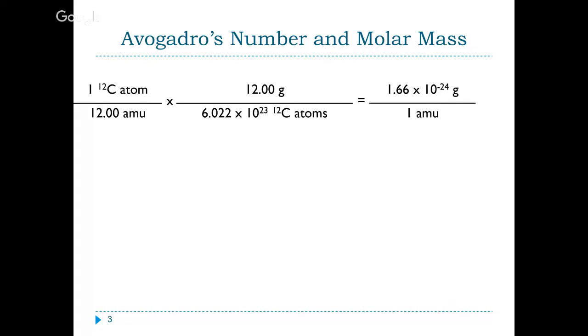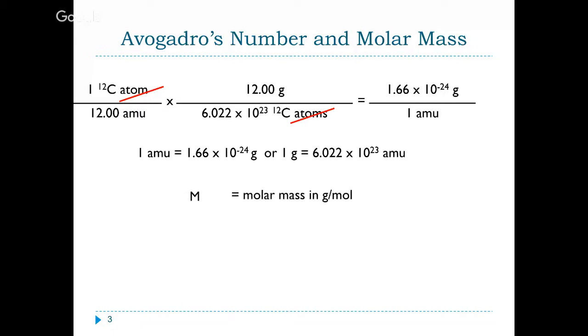So if this is our equivalency, and we see that atoms can cancel out, we then know that 1 AMU is 1.66 times 10 to the negative 24th grams, or if we divide 1 by 1.66 times 10 to the negative 24th, we get 1 gram equals 6.022 times 10 to the 23rd AMUs. So 1 gram equals 1 mole of atomic mass units.